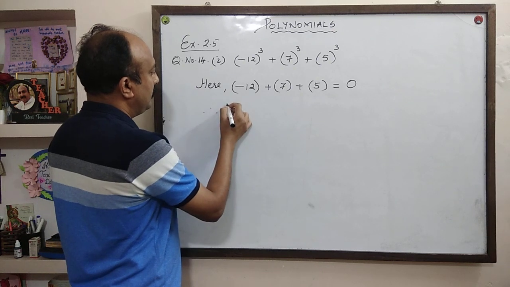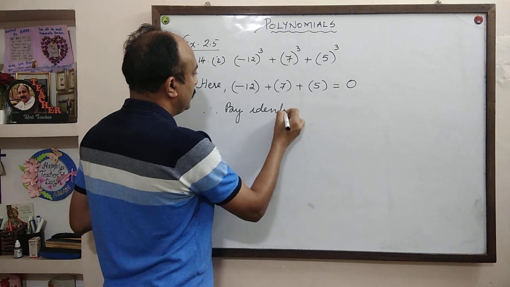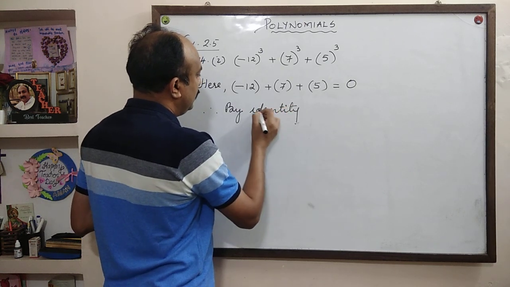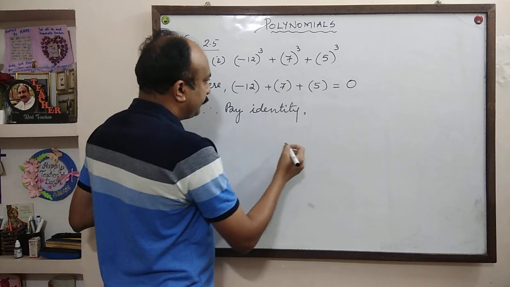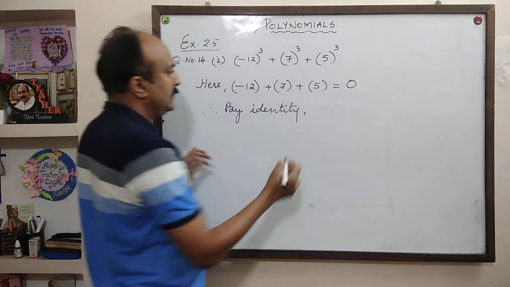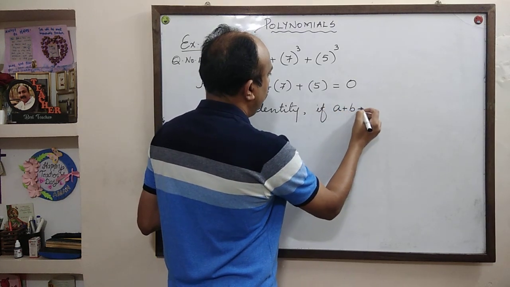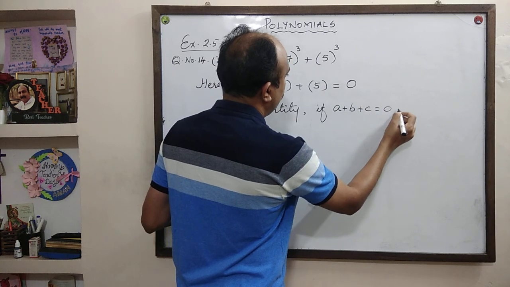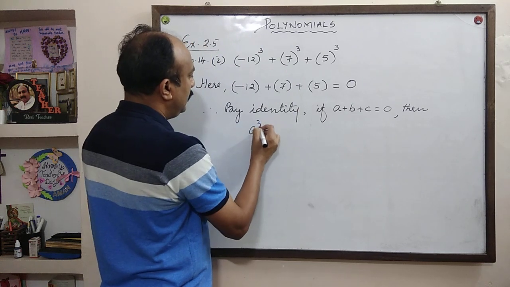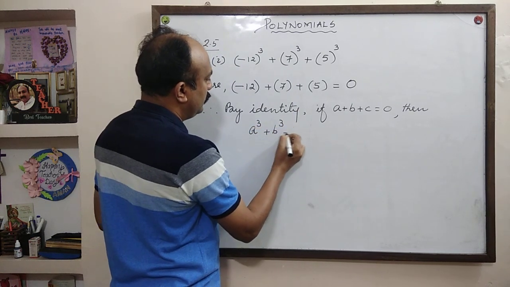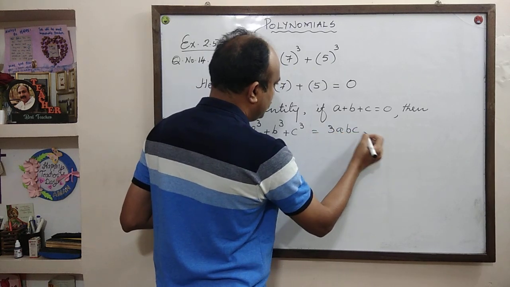Therefore, by identity, by using the last identity we can say, or you can mention the identity also. By identity, if a plus b plus c is equal to 0, then a cube plus b cube plus c cube is equal to 3abc.